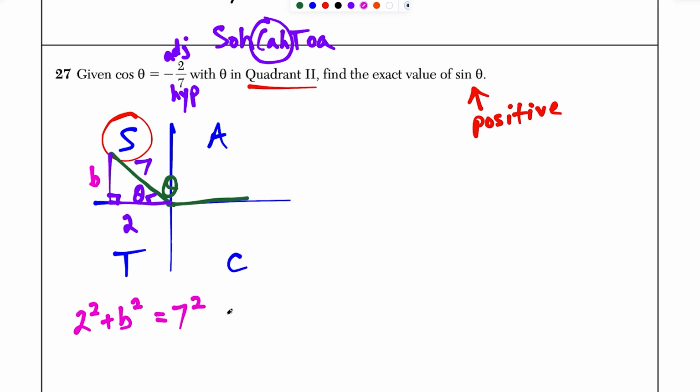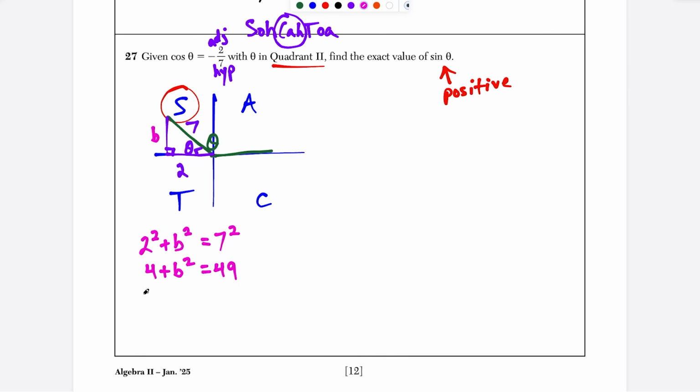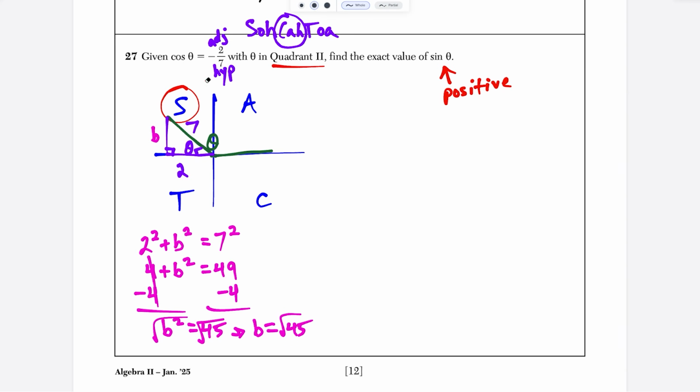And then if I work this out, we're going to have 4 plus b squared is equal to 49. And now we could solve for b. I'm going to go minus 4 on both sides. And this is going to give us b squared is equal to 45. And now I take the square root of both sides, and this tells us that b is equal to square root 45. So now I'm going to write this over here. I'm just going to say that this is equal to square root of 45.